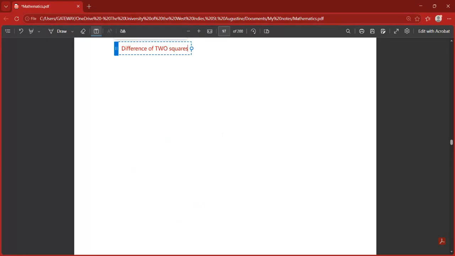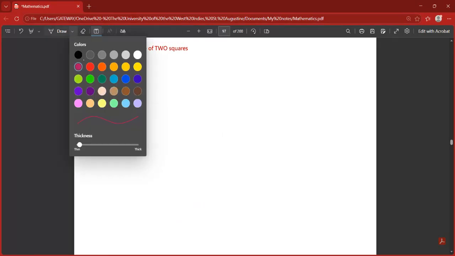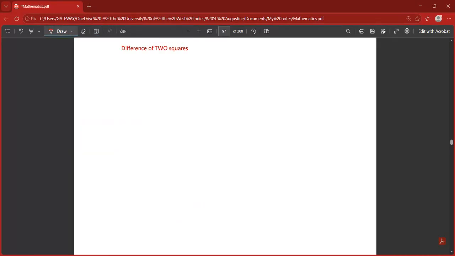Now, before we go on to that, you need to know what is a squared term or a perfect square.